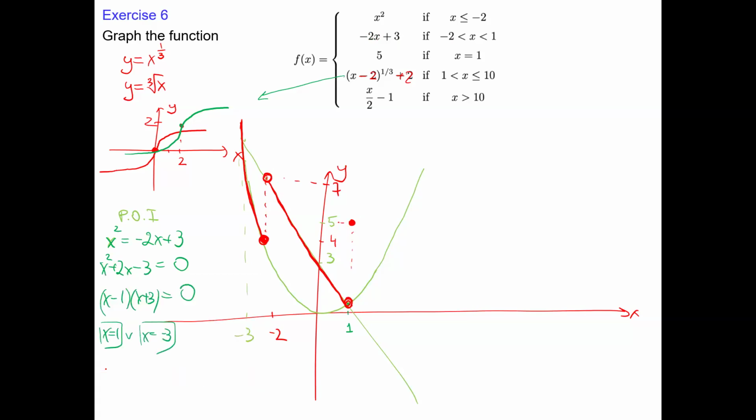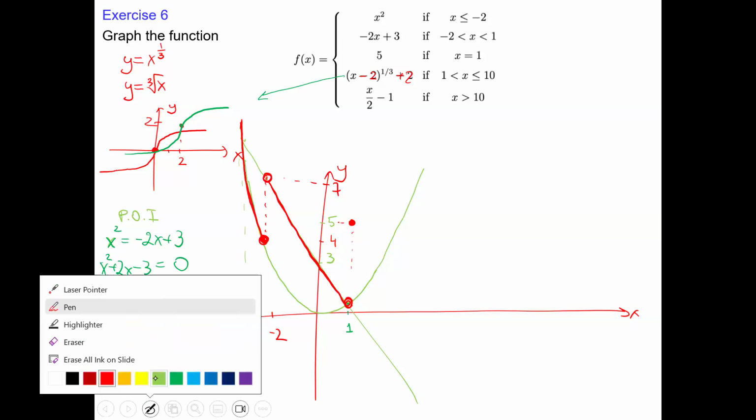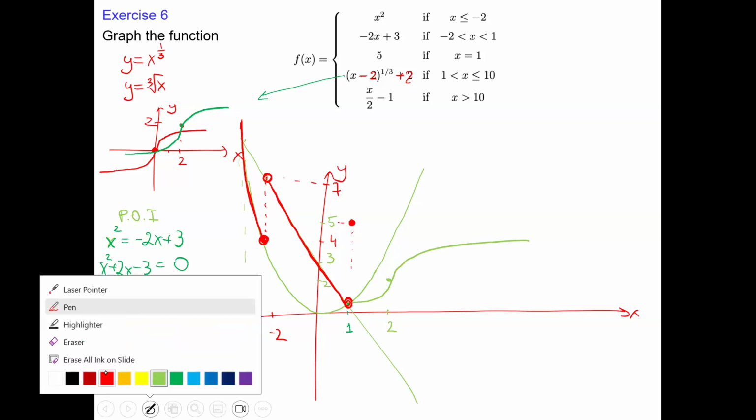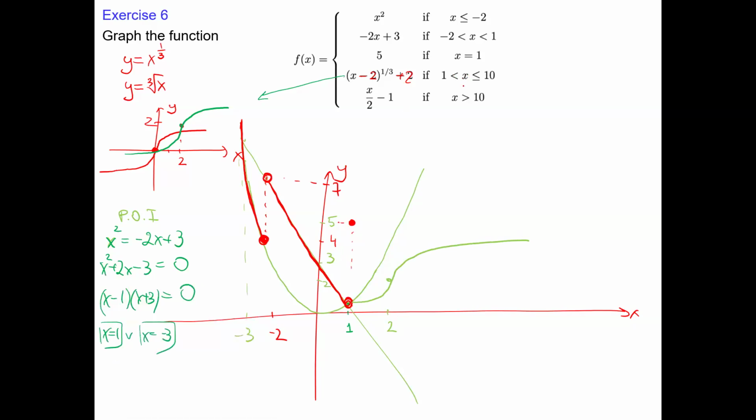Now we have the line, we have the parabola, and we have the constant 5. Beautiful. We know we need 2. I can draw it like this, but it's only from 1 and it's open.